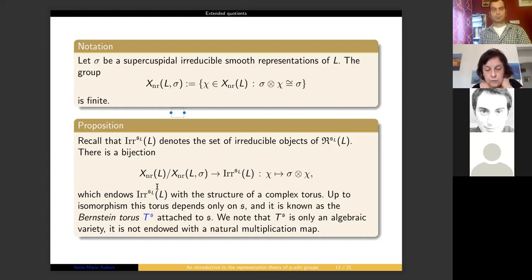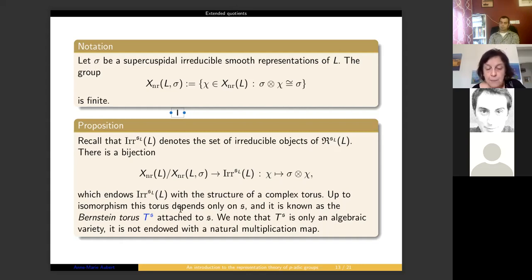so there is a bijection. I mean, it's clearly a bijection from this quotient to the irreducible objects in the category R^s(L). We just send a character chi to the twist of sigma with chi. And this endows this set Irr R^s(L) with a structure of a complex torus.